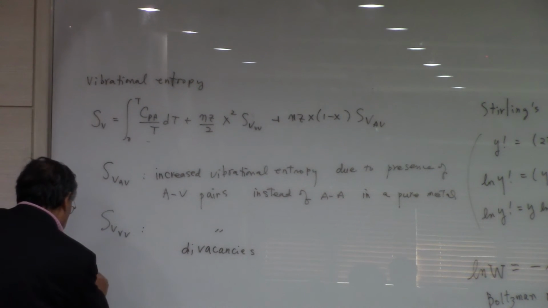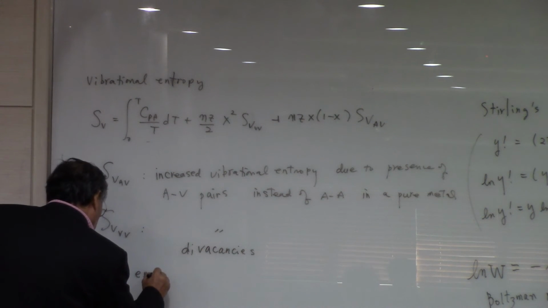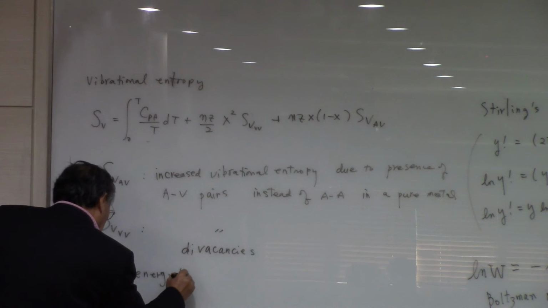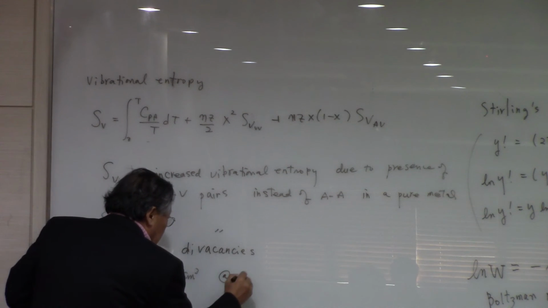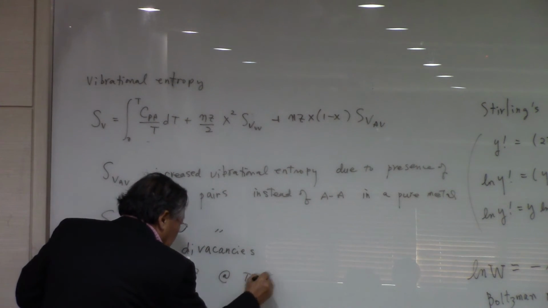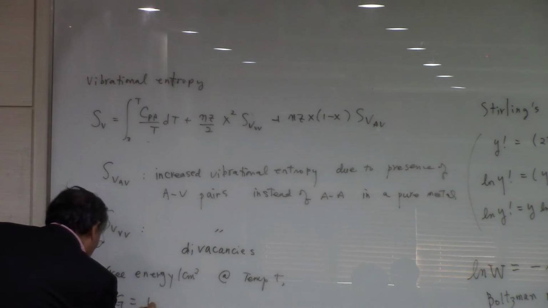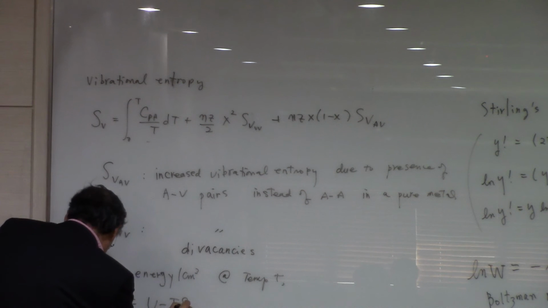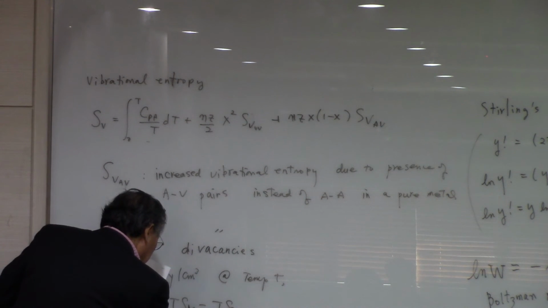So, free energy per cube at a certain temperature T. G is equal to U minus T Sm minus T S free.